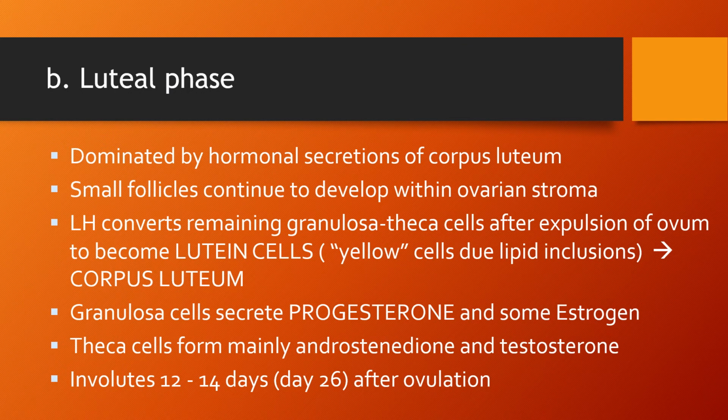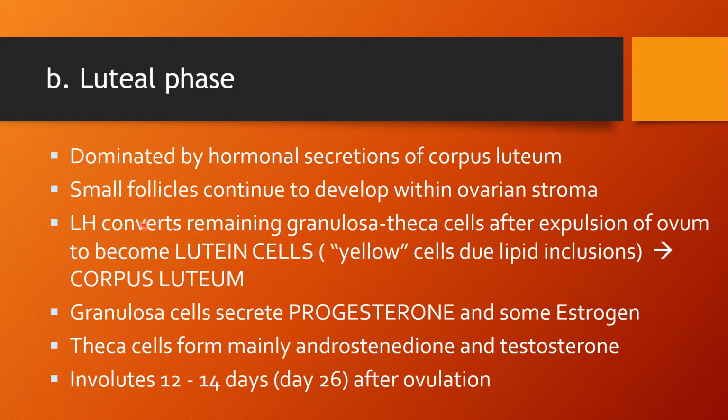Then after the follicular phase will be your luteal phase. Here there is formation of the corpus luteum and hormonal secretion. The corpus luteum now will predominate, and the small follicle will develop within the ovarian stroma. The luteinizing hormone will convert the remaining granulosa and theca cells, after expulsion of the ovum, into lutein cells.